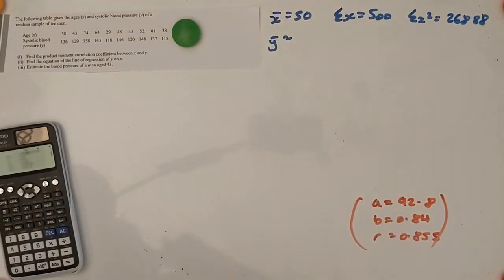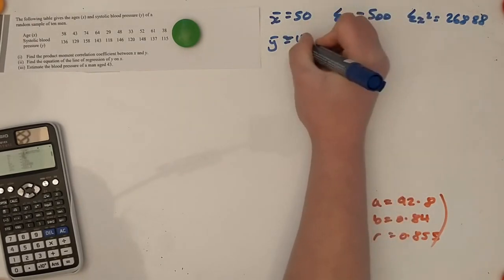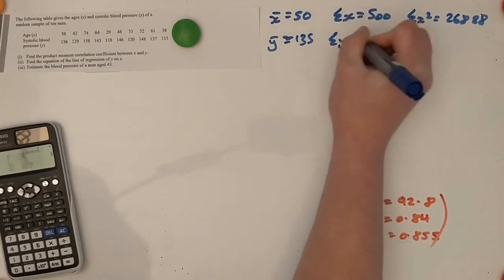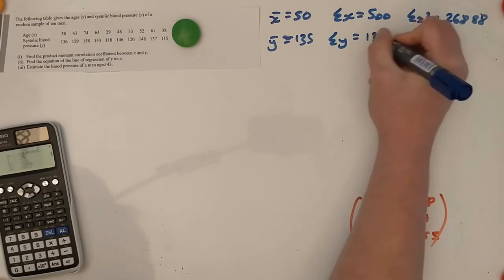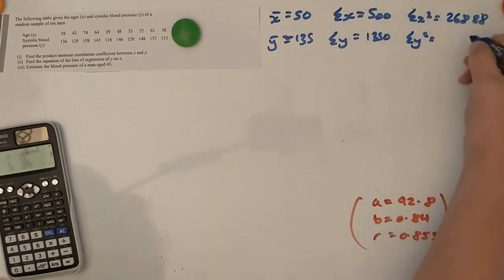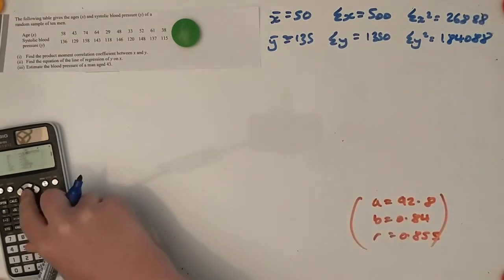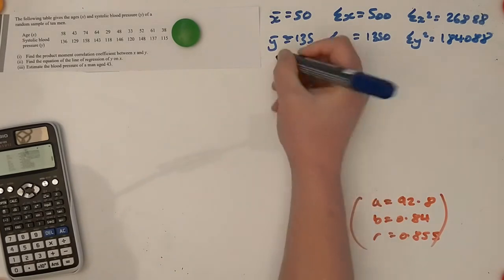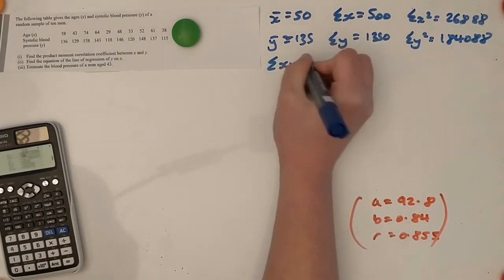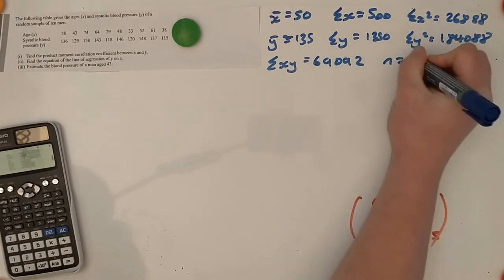Next I go to y bar, so y bar is 135, sum of y equals 1350, and sum of y squared equals 184088. Sum of xy equals 69092, and I know n is equal to 10.